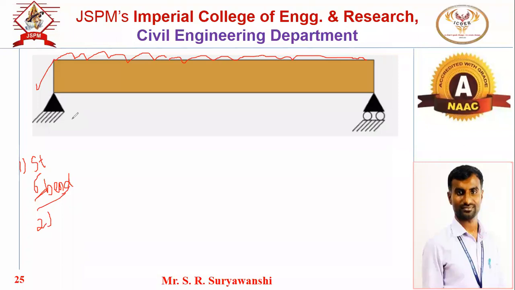Before developing the stresses, what will happen? This is the load. Suppose this is 10 kilonewton per meter, and this is the span of, suppose, 4 meter. At later stages, stresses will be induced.